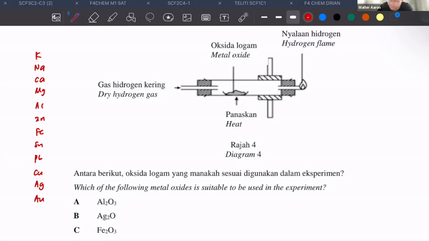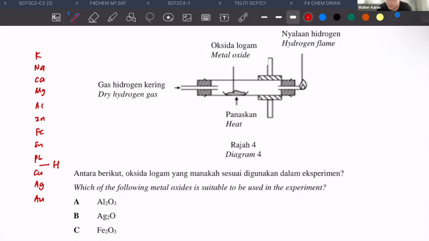Hydrogen is usually located in between lead and copper. Whatever is above hydrogen, you cannot use hydrogen to reduce. Only whatever is below hydrogen in this series is able to reduce the metal oxide to pure metal.